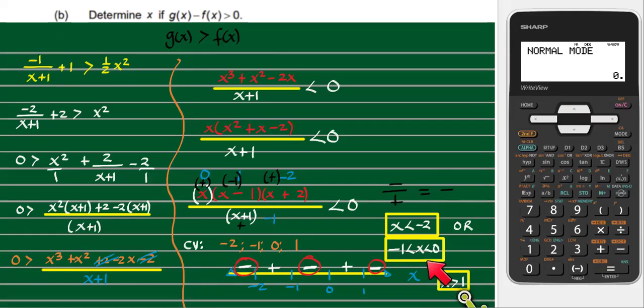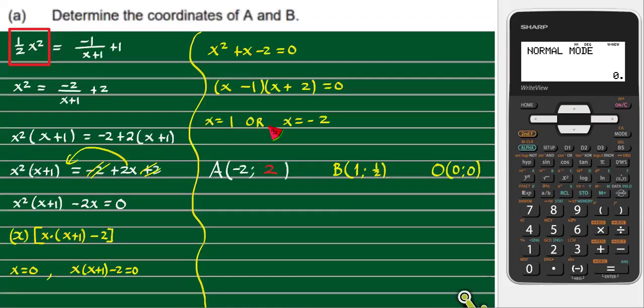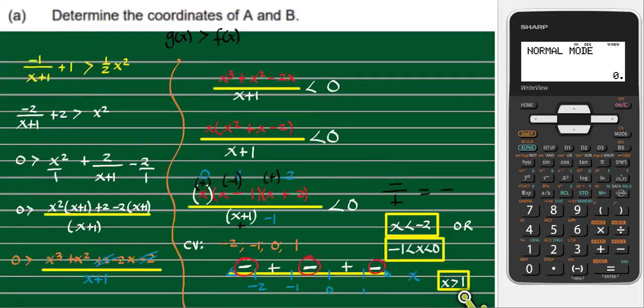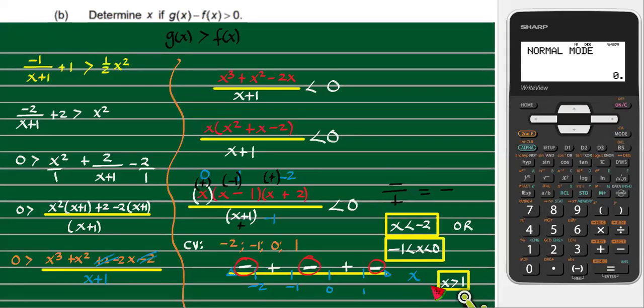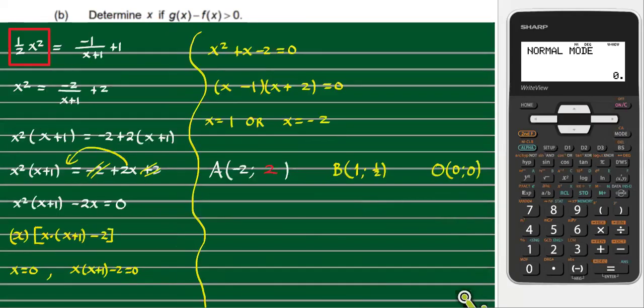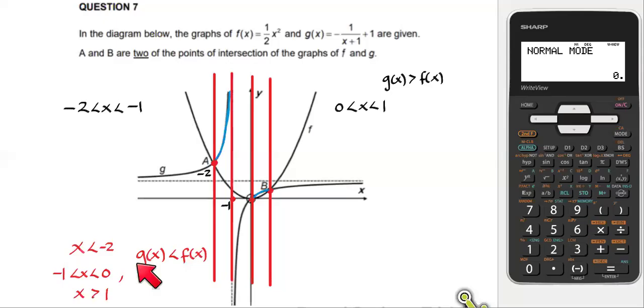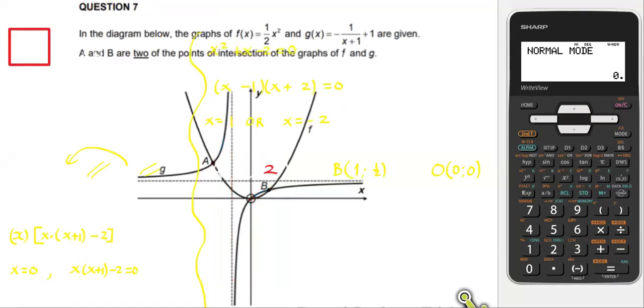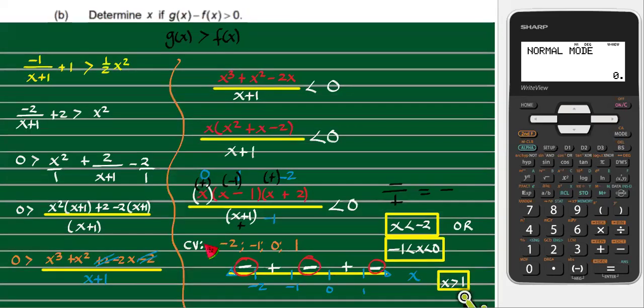That was for g of x to be above. Now, that was g of x to be less than, I'm sorry, this red one. It's less than. The black one, it's above. The black one is actually our answer.